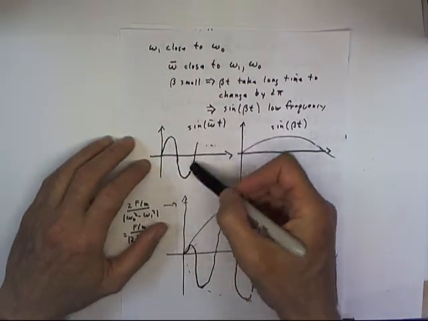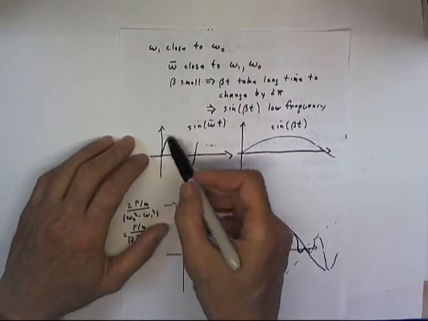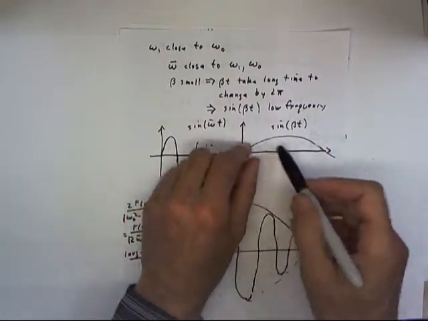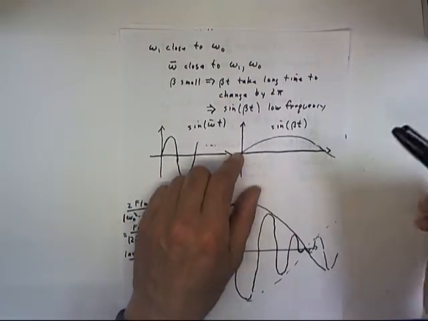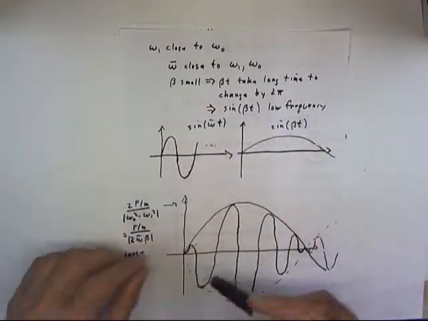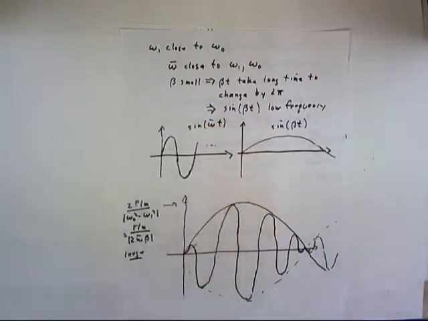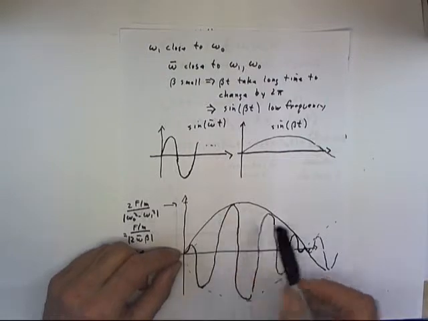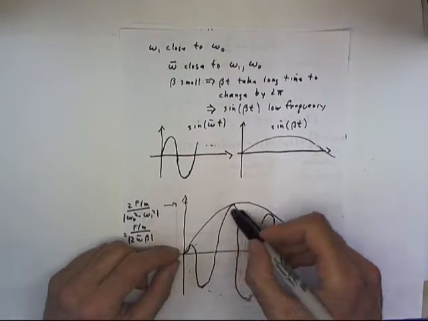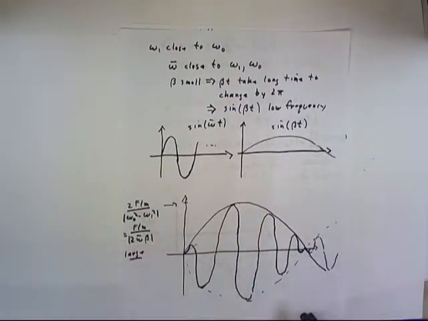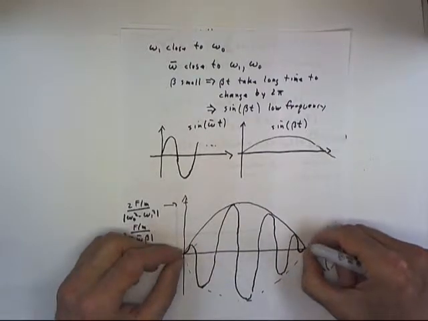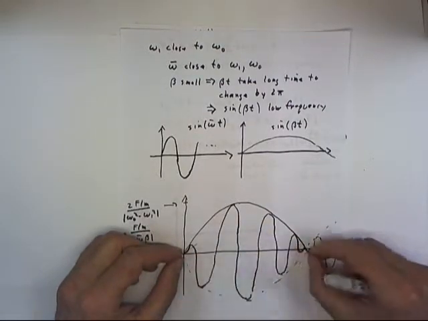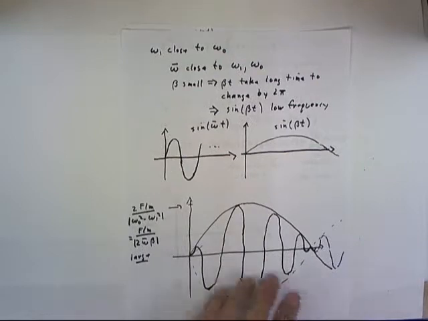So our sine of omega bar t is going to retain the same period, but the period of our sine of beta t function, which is multiplied by this function, is going to approach infinity. So the period of this oscillation in here is not going to change much, but the period of this envelope is going to extend on toward infinity.